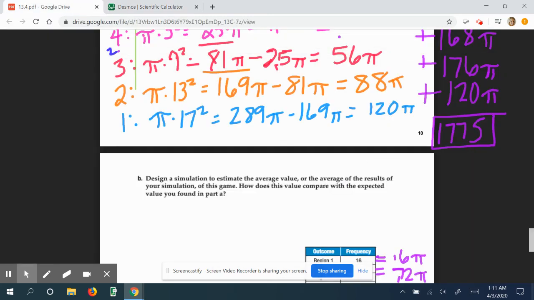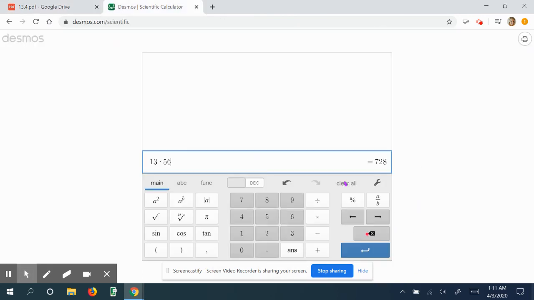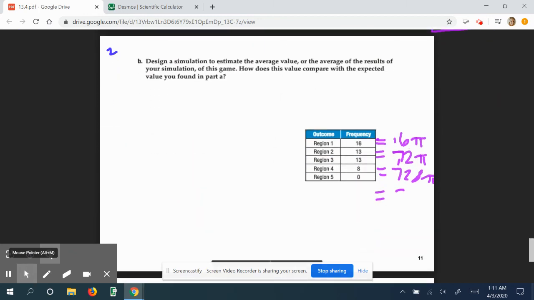That was 728. Okay. Then the next one was 8 times 88, so that was 704 pi. And the last one was nothing, so it'd just be 0 pi.